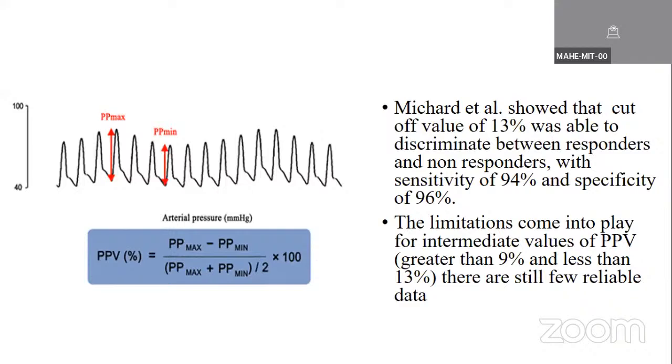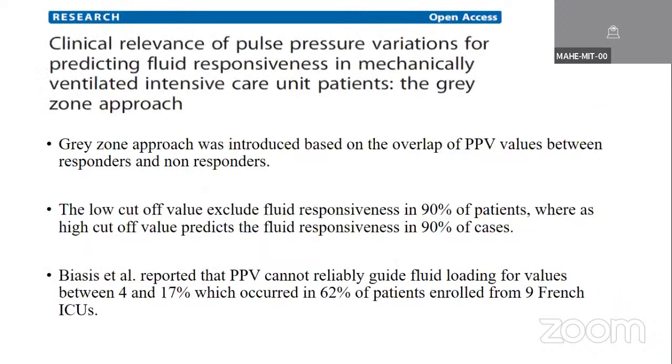The intermediate values, like 8 to 13, are known as the gray zone. There was a paper on the clinical relevance of PPV for predicting fluid responsiveness in mechanical ventilator patients, the gray zone approach. The gray zone approach was introduced based on the overlap of the PPV values between responders and non-responders.